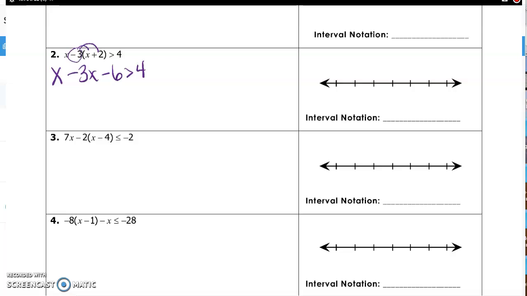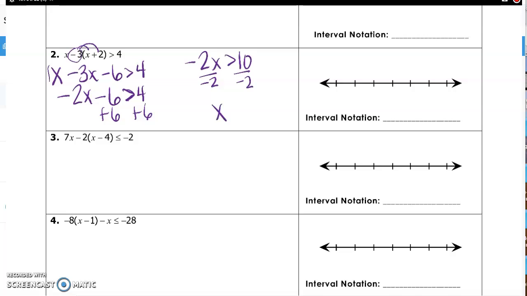We combine our like terms. 1 minus 3x is negative 2x minus 6 is greater than 4. We add 6 to both sides. Negative 2x is greater than 10. We divide by negative 2, so that's when we have to flip the sign. So our answer is x is less than negative 5.